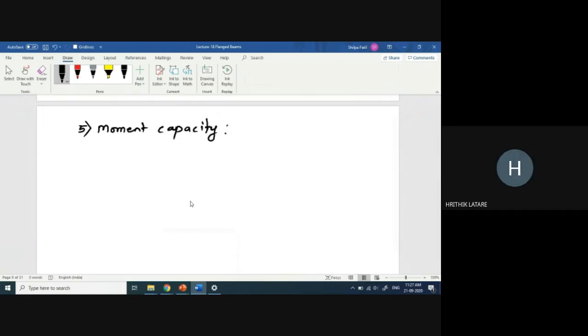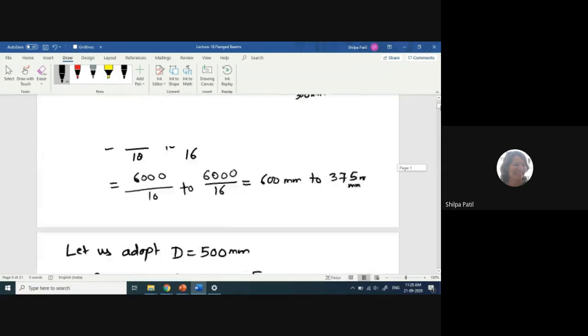Okay. So let us assume first here, for calculation of moment capacity, that the neutral axis is in the flange. So just write down: assuming neutral axis lies in flange. Now, when the neutral axis lies within the flange, I will go back to the diagram we drew last lecture.